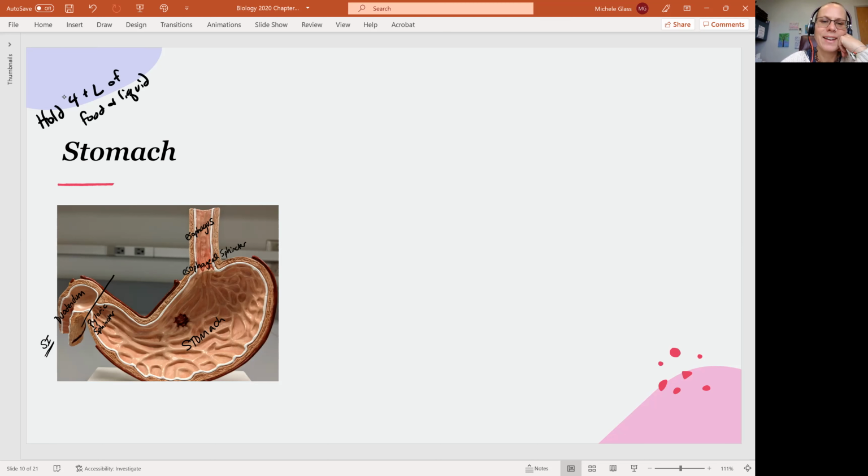My gosh. Think of like a 2 liter of soda, but 2 liters. Woo! And remember, that's 4+ liters, depending on how much material you're eating.